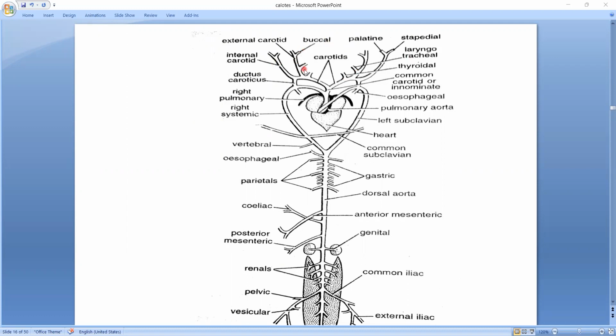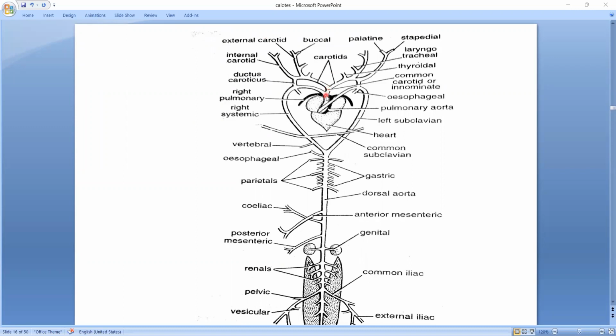Overall, the left and right carotid arteries give blood to the head region and brain, particularly the brain, head and sense organs, and the respective muscles and skin also.